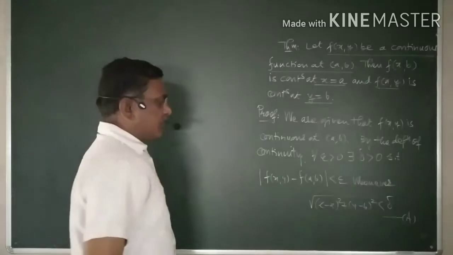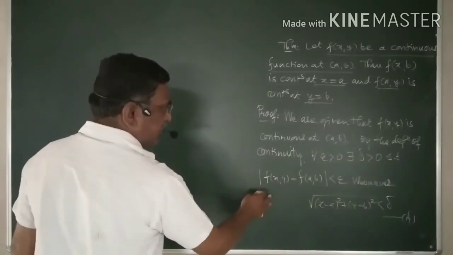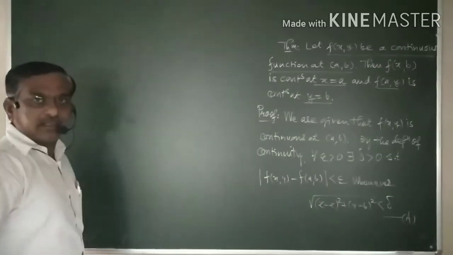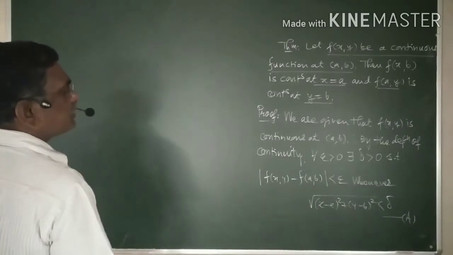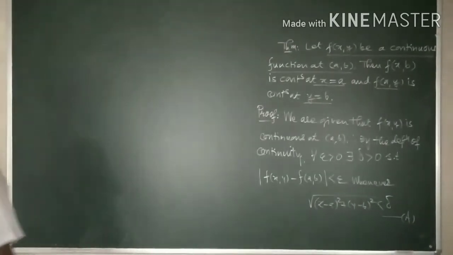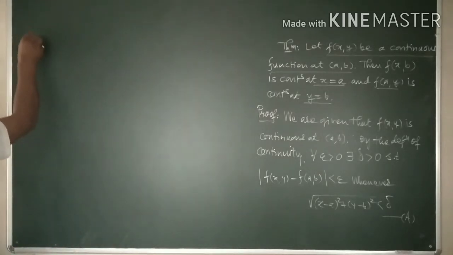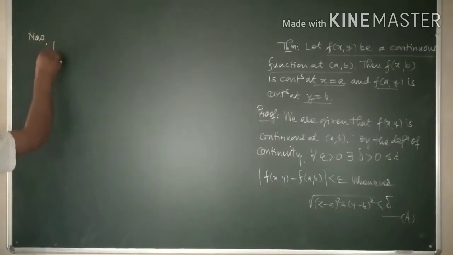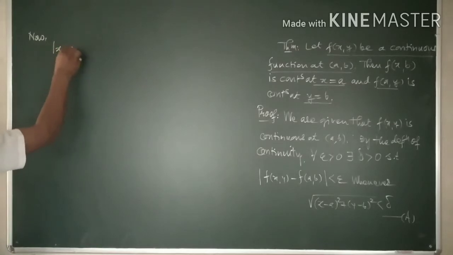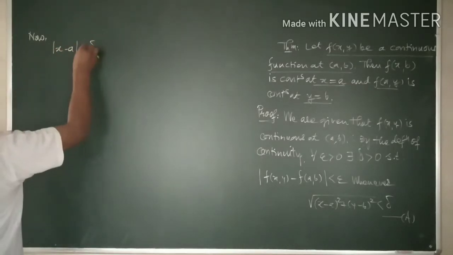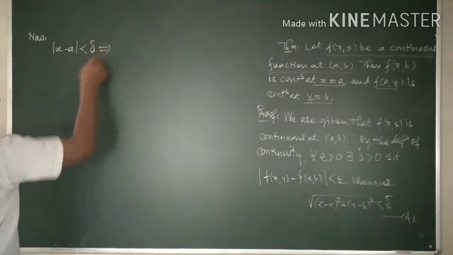Let us go one by one. From this definition, we are going to use this definition again. Now, suppose the absolute value of x minus a is less than delta. What does this imply?